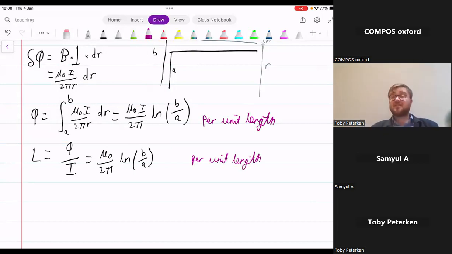The reason it's per unit length: if you have a very short one of these, then the flux won't be very much. If it's really long, you're going to have lots of flux. And if you were to put a long coaxial inductor in a circuit, then you'd get a huge change. If you tried to change the current a little bit, you'd get a huge voltage to oppose that change.